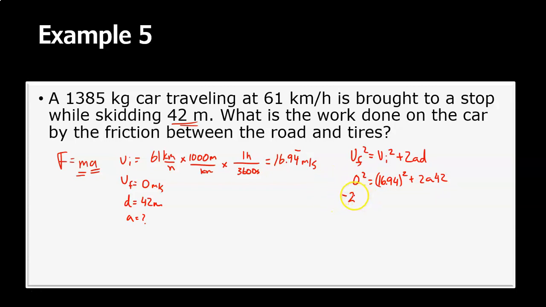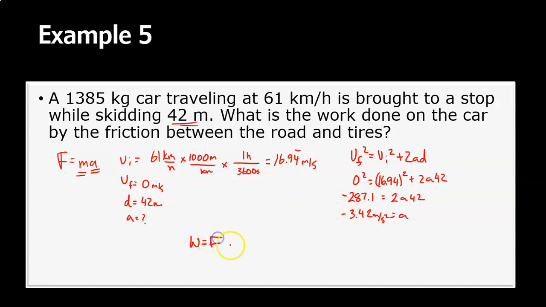Moving this over, you get negative 287.1 is equal to 2A42. Dividing by 2 divided by 42 means the acceleration is negative 3.42 meters per second squared.